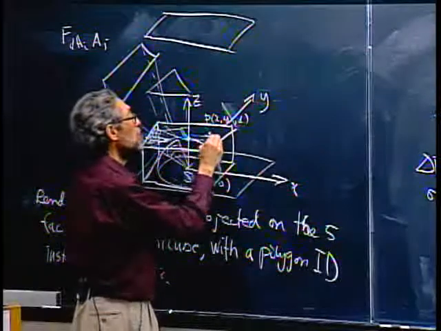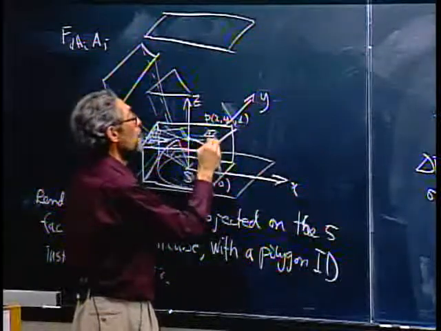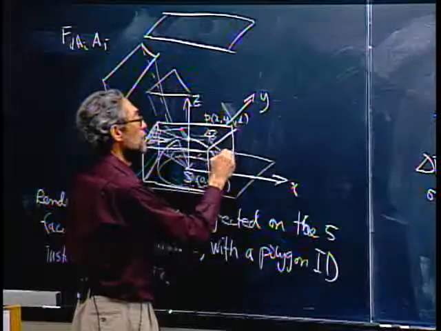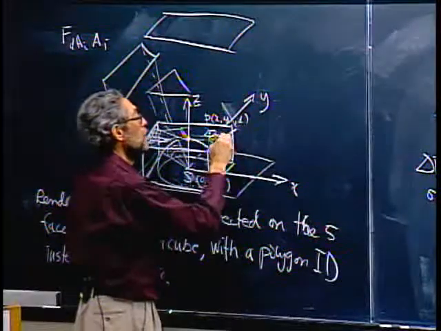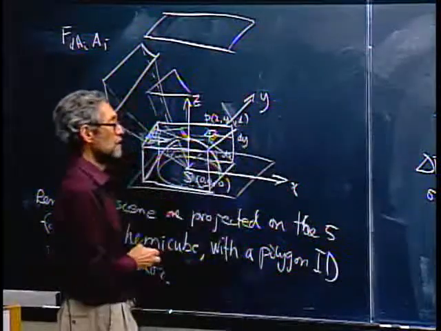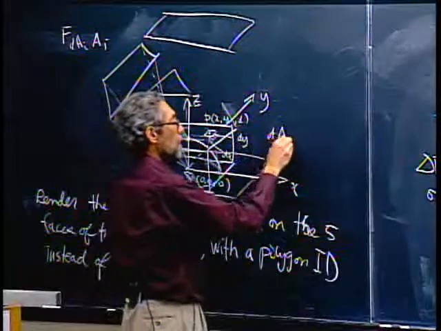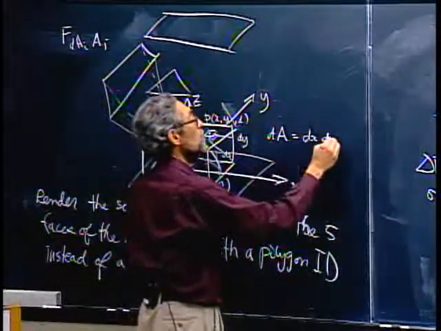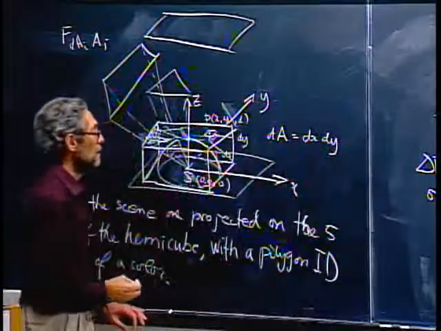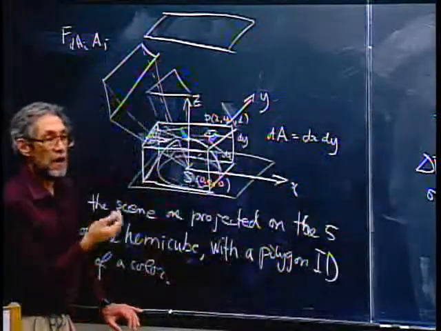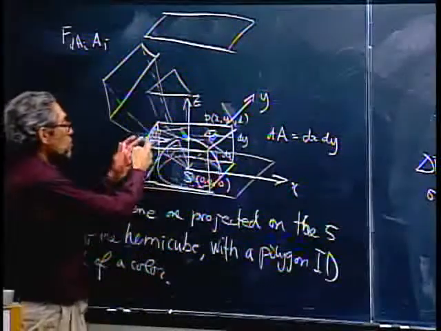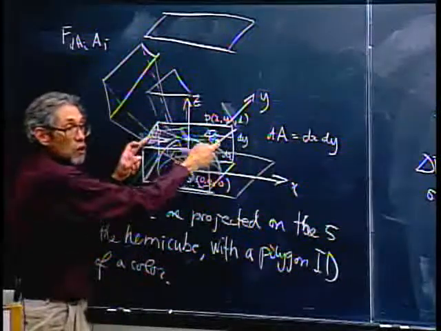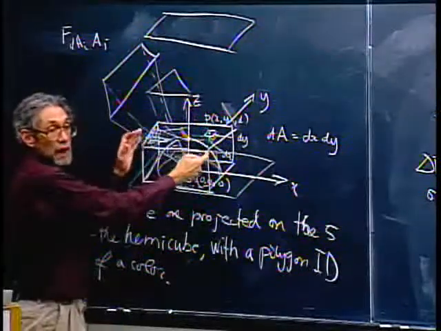Basically the pixel is a little square around that center, of width dx in this direction and width dy in that direction. So its area is dx times dy. It's a constant: the area of the top face, which goes from -1 to 1 in each direction, divided by the resolution.